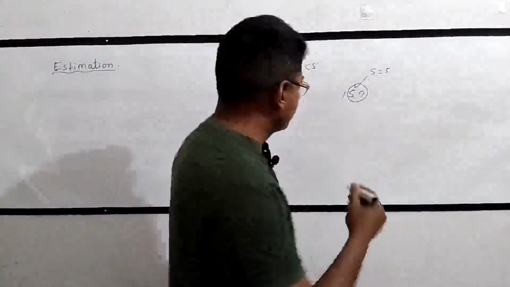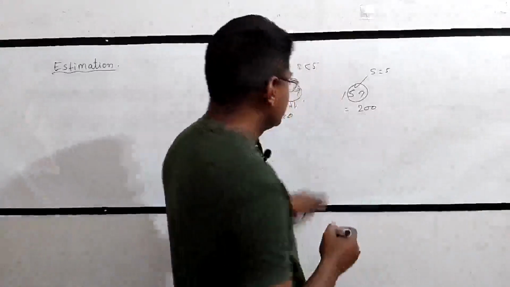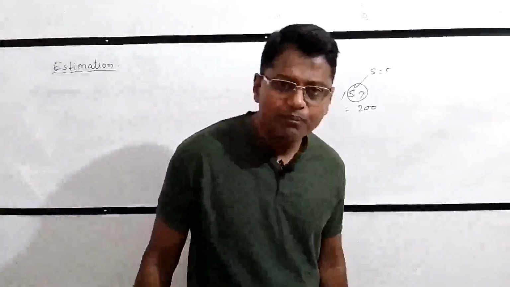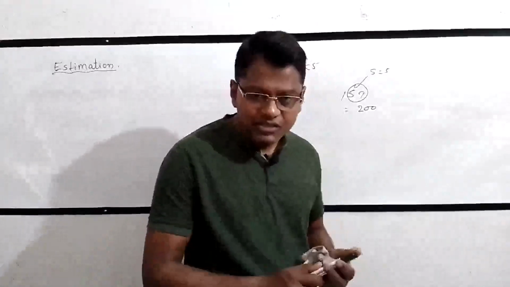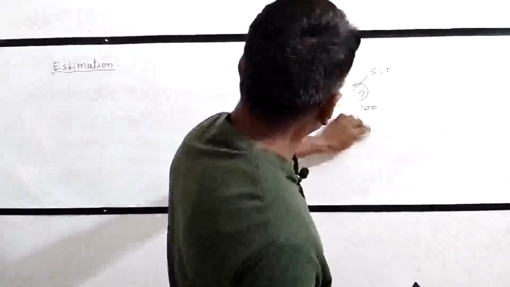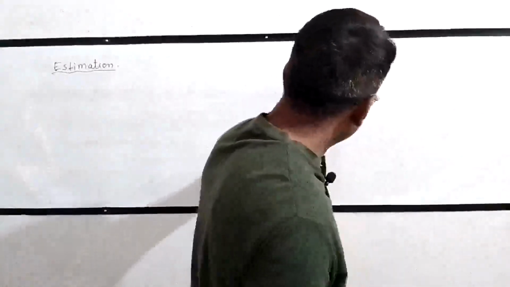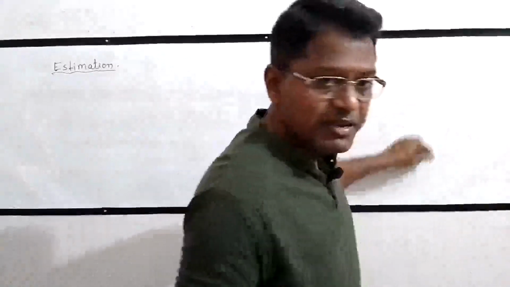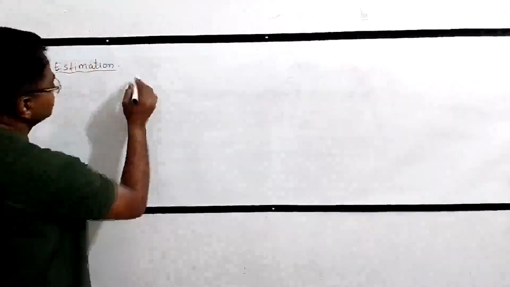Here it is more than 50%, so you will write 200 as the estimation. So I hope you understand it. This is the general rule, and there is a special rule also. For example, estimation nearest to 10, estimation nearest to 100, and estimation nearest to 1000. So firstly, the general rule.